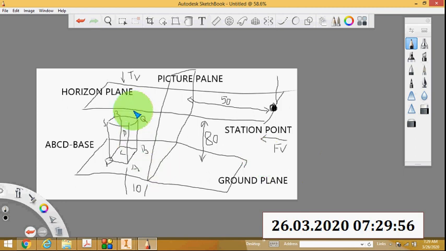The front view is actually a rectangle. For the front view I will draw two lines. One line represents the ground plane and the second line represents the horizon plane. Before that, you just add these two values, 80 plus 50. So you will get 130.